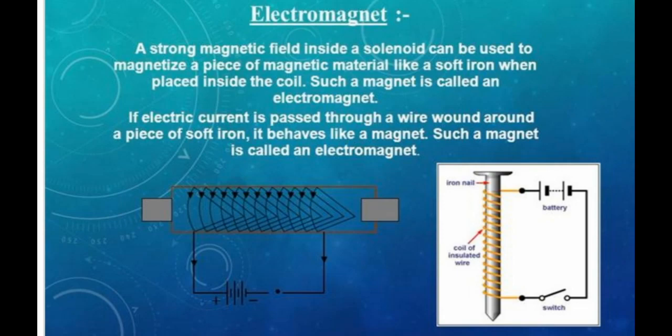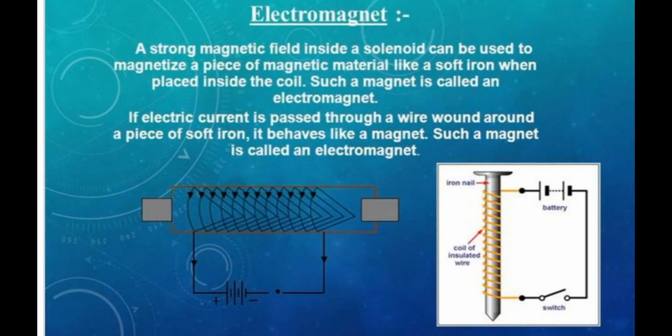We can't change it. But in an electromagnet, we can change the magnetic field in two ways: by changing the current, or by changing the number of turns. We can increase or decrease the magnetic field by increasing or decreasing the current, or the number of turns.